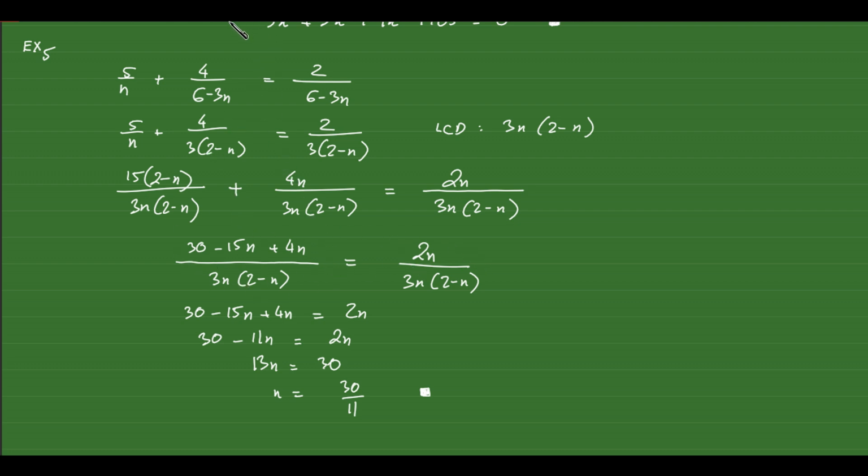I'm gonna use a different color here to circle the numerator. So the numerators right here, you set equal to each other, is this and this. You see that right here? Okay. Because the denominators are the same already, that's why you can set up the numerators together.